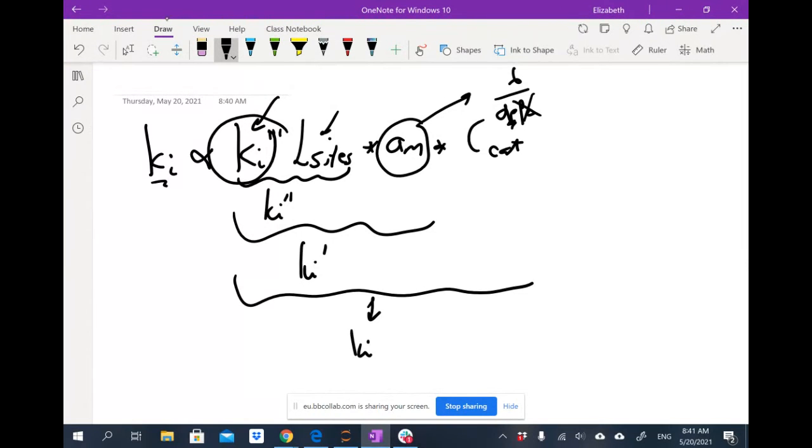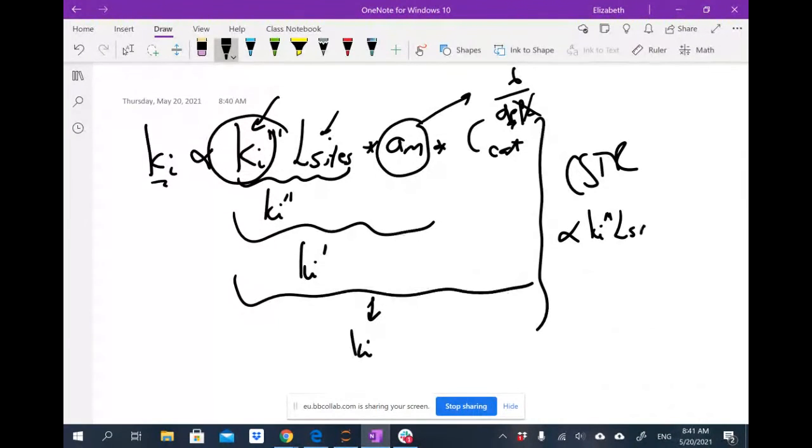Therefore, my Ki in a CSTR is proportional to the Ki triple dash, the site density, 1 over the particle diameter, and the amount of catalyst. This is important to remember when you attack TAT 6.2. So this is important for the CSTR question in TAT 6.2.